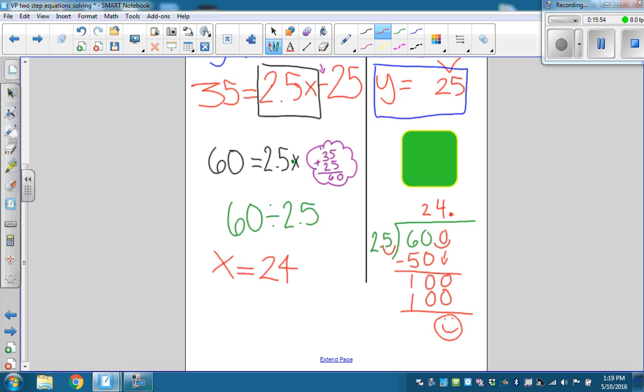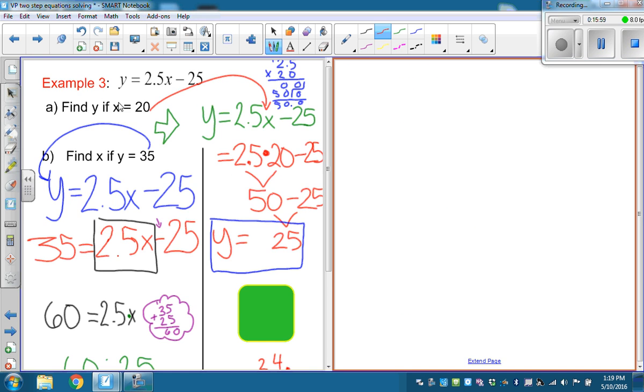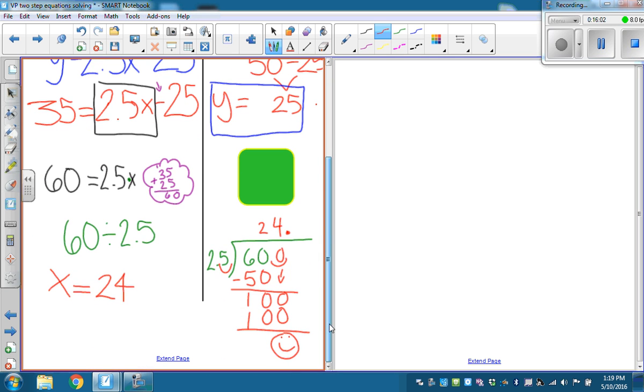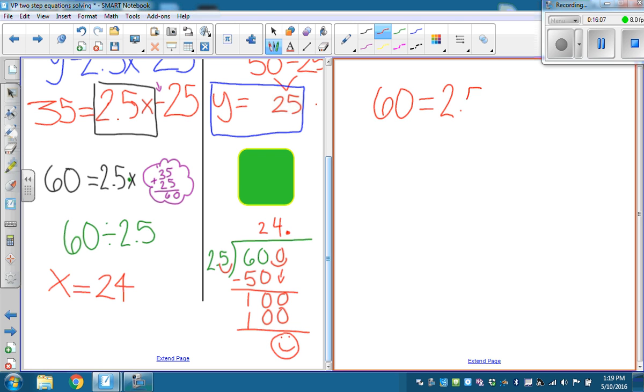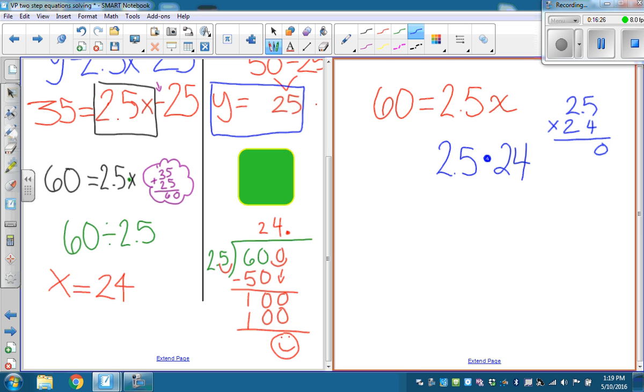That's a bonus level problem. Let's check our work. 60 equals 2.5 times x. And I'm going to check it by putting in my 24 for x. So I can do that traditional multiplication over here. 4 times 5 is 20. 4 times 2 is 8, plus 2 is 10.